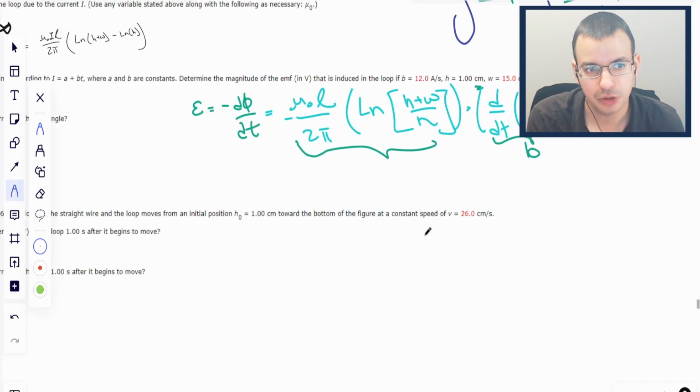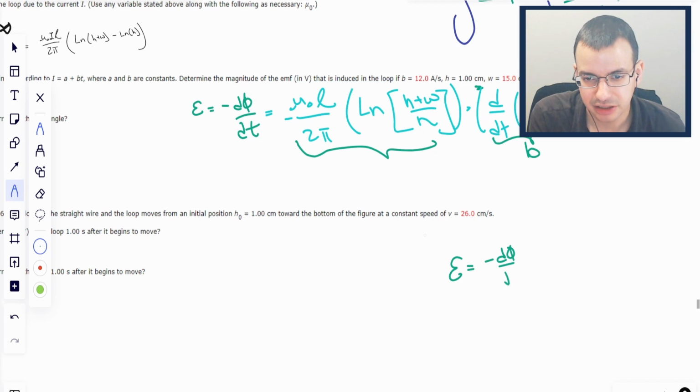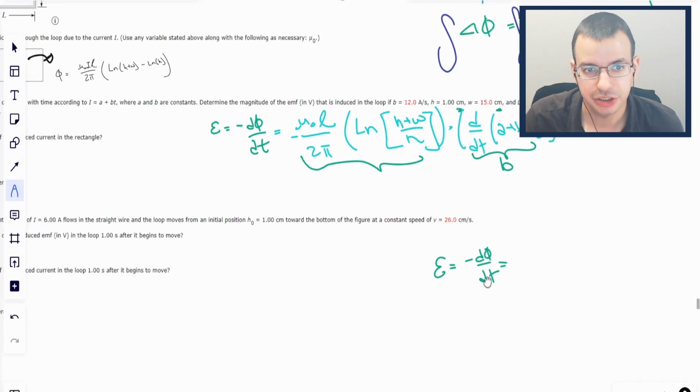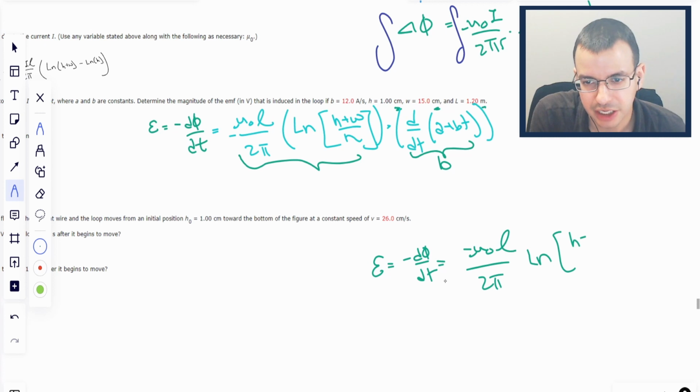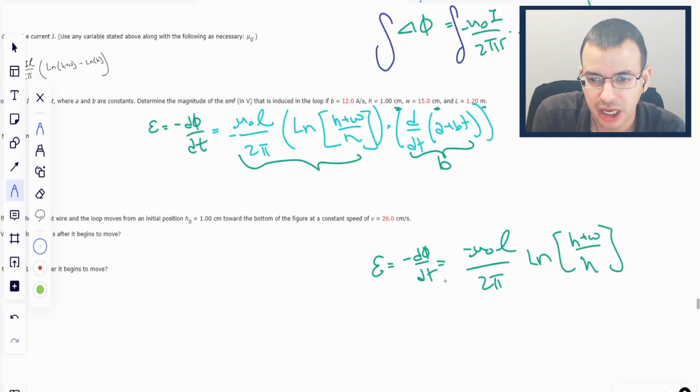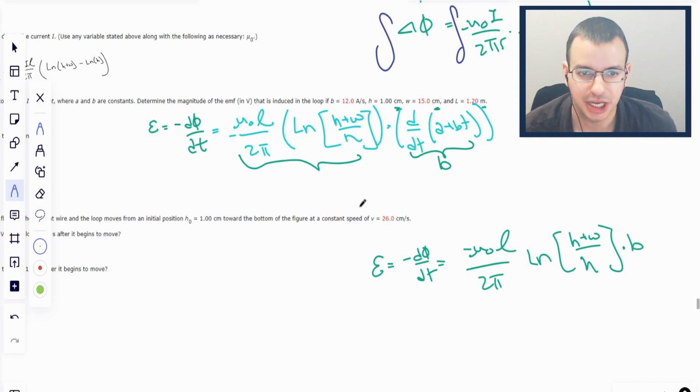And so we're going to be left with EMF, which is negative d flux dt, equals negative mu naught L over 2 pi natural log of h plus w over h times B, because B is the change in current with respect to time, di dt.